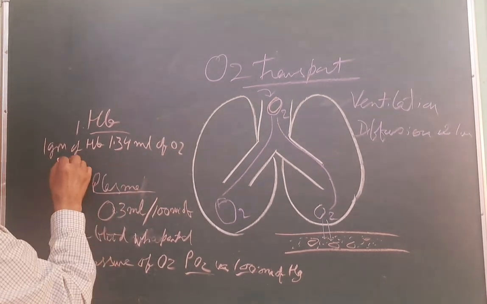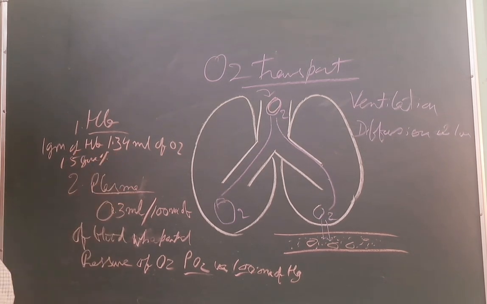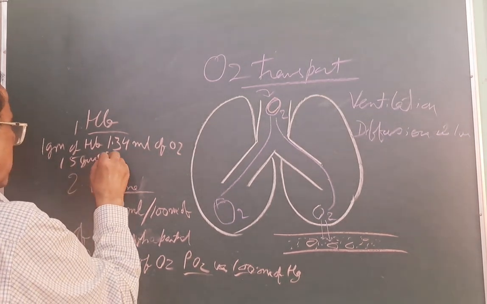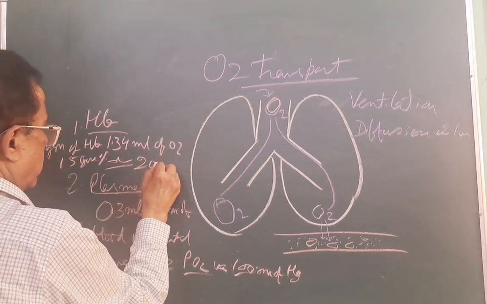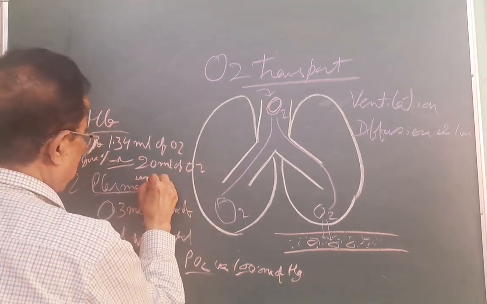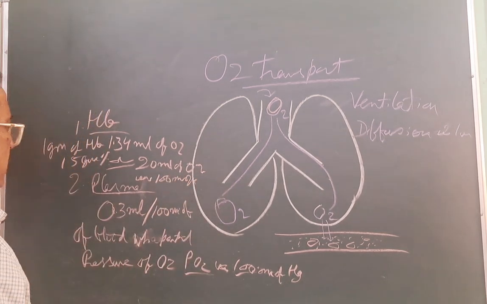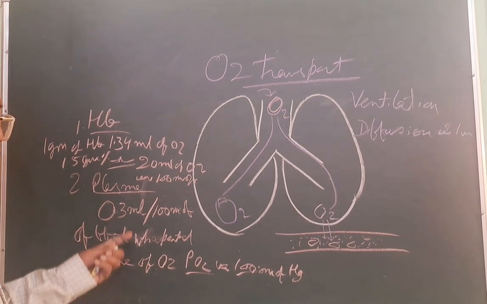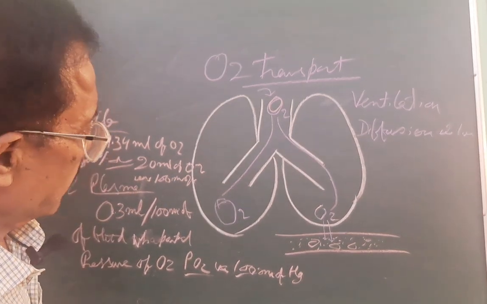Suppose a person has 15 gram percent of hemoglobin, that is 15 gram in 100 ml of blood. Then he is carrying 20 ml of oxygen in his 100 milliliter of blood.